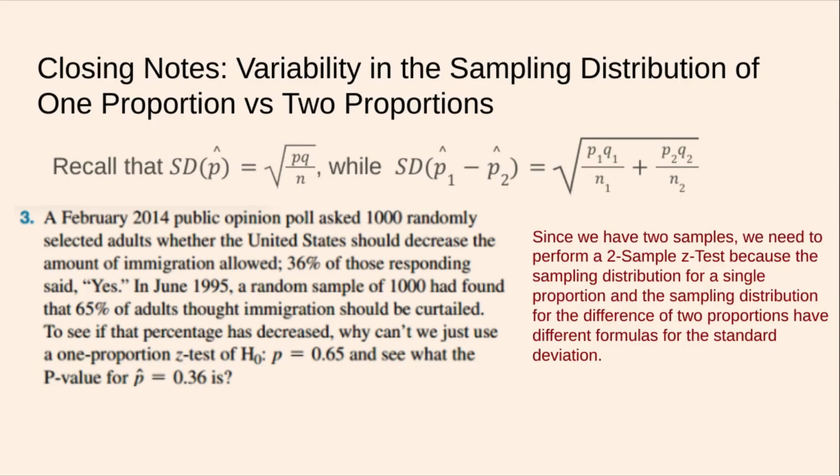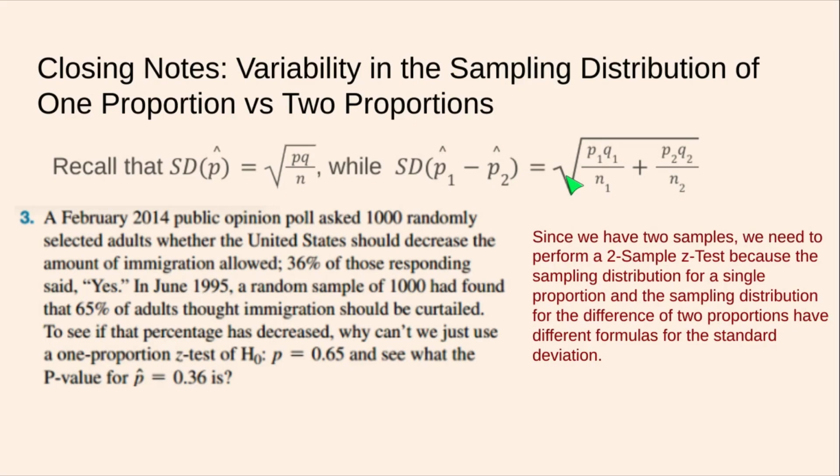Well, here's why. Since we have two samples, we have the 2014 sample and the 1995 sample, we need to perform a two-sample z-test because the sampling distribution for a single proportion and the sampling distribution for the difference of two proportions have different formulas for the standard deviation.